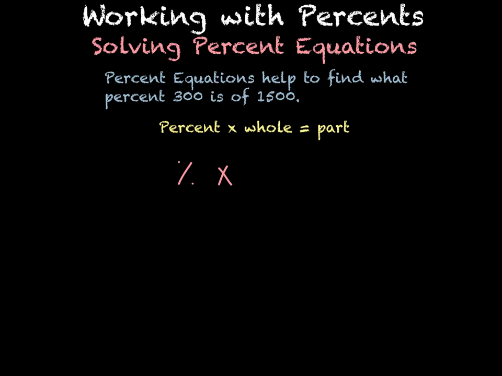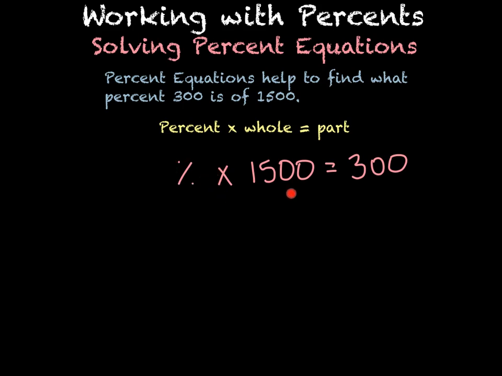So would that be our whole or our part? Well, our 1,500 is our whole because it says "of 1,500." And our part is 300. All right. So now this is where we do a little algebra. We want to get our percent all by itself, so we have to do the inverse of what we're doing.